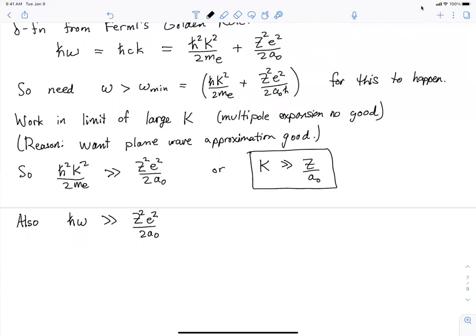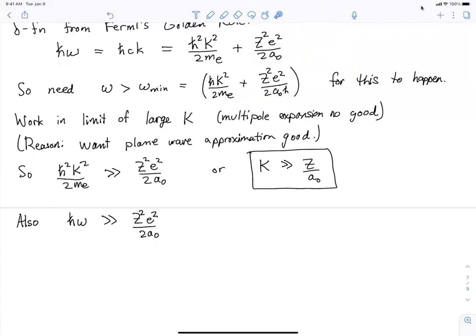Why is that true? That's true because we've just decided this has to be much larger than that, but this is equal to the sum of them. So that means this has to also be much larger than that.